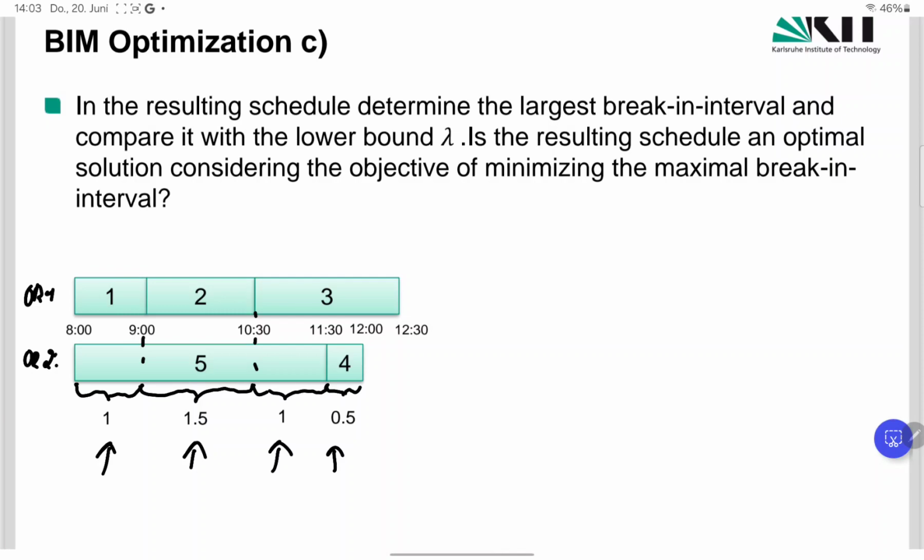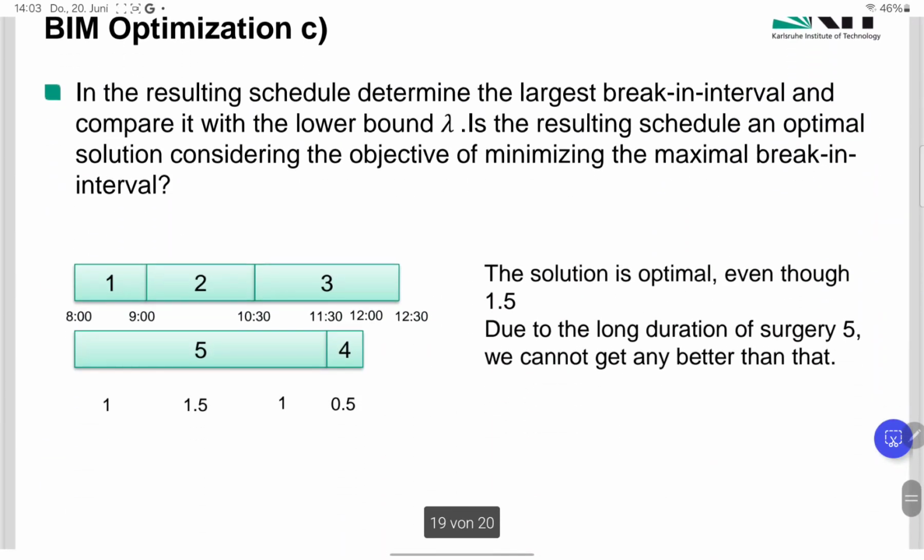And it is still optimal, because even though the solution has a 1.5-hour break, in the worst case, if an emergency arrives at 9:05, then they will wait for 1.5 hours. But the problem is that the duration of the fifth patient requires 3.5 hours.